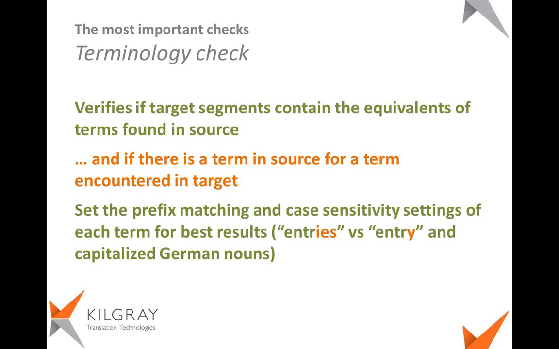If you want to get good results from this, you set up the prefix matching both on the source side and the target side. You can use pipe characters to indicate where the stem of the word ends. The stem being the first part of the word that doesn't change, and it doesn't work for some languages very well, but for most translation projects it would work quite well. But it's really important that you set it up correctly for the target as well.